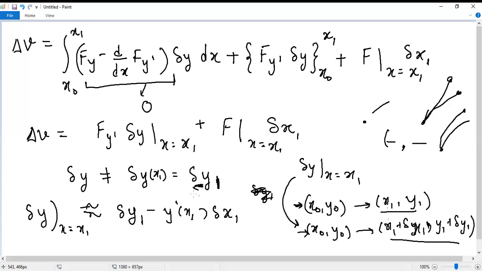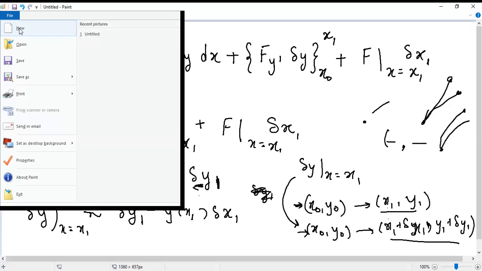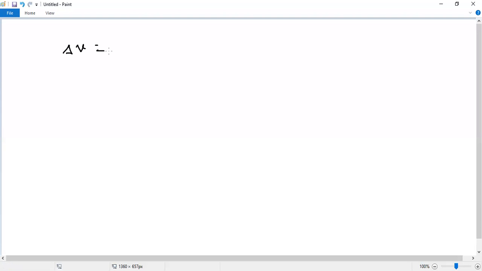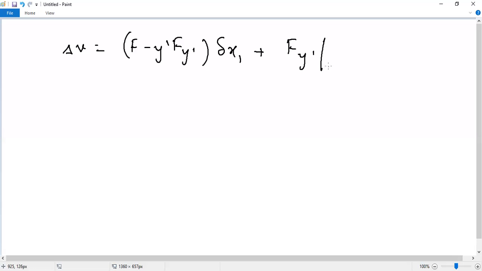And from all these facts we get delta v is equal to (f minus y dash fy dash) delta x1 plus f y dash at the point x equal to x1 into delta y1. From all the previous procedure, we get such an equation.